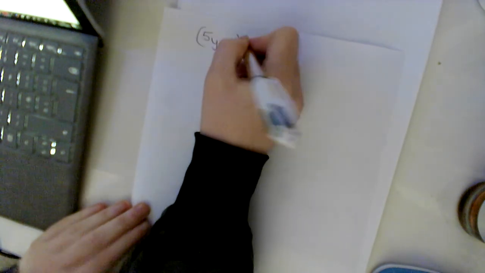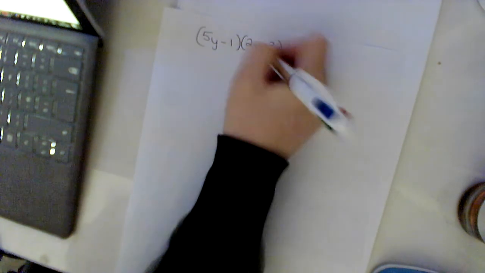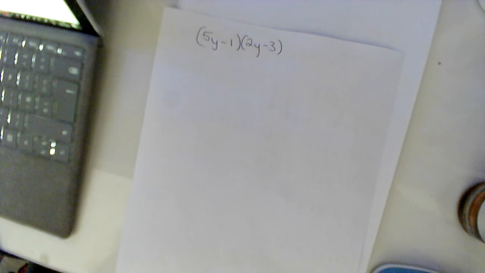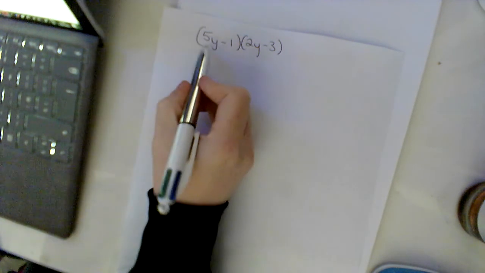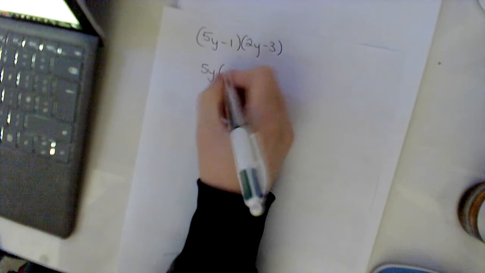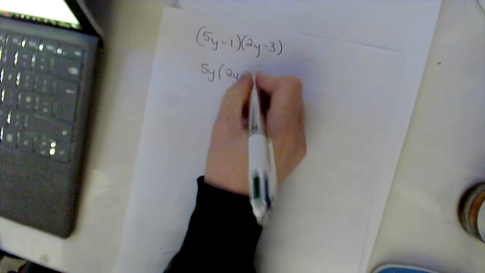Okay, I will do one more example. So I have (5y - 1)(2y - 3). I have two brackets side by side. The first thing I need to do is split my brackets. So I take my first term, which is 5y, times everything in the second bracket, 2y minus 3.